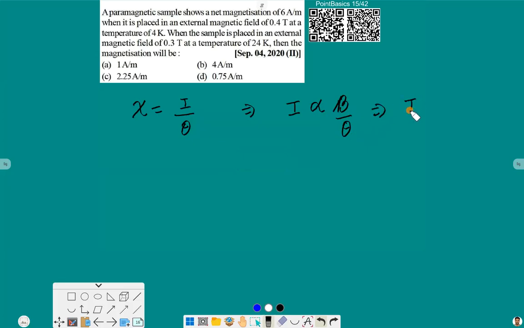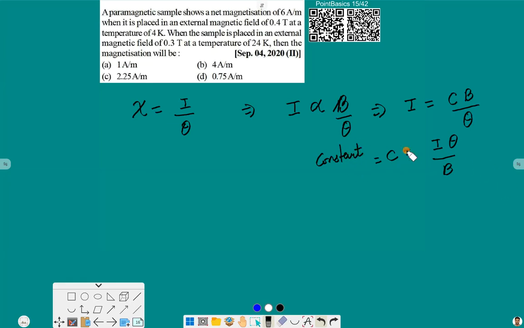Removing the proportionality constant, intensity of magnetization is equal to C, some constant, into magnetic field divided by the temperature. From this we can say the constant is equal to I theta by B, or this product of intensity of magnetization into temperature divided by magnetic field is constant.